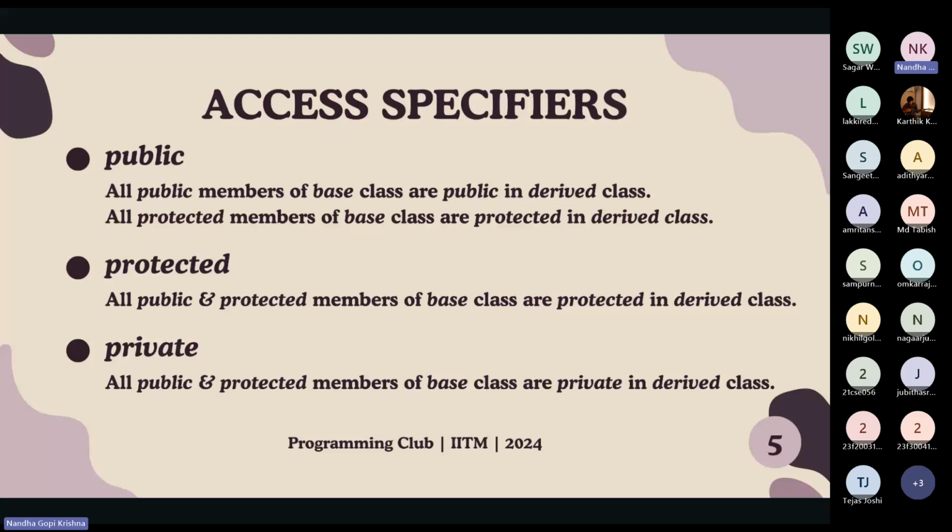If we inherit using the public keyword, all public members of the base class are public in the derived class, and all protected members of the base class are protected in the derived class. I think you've learned about encapsulation and public, protected, and private methods in the previous session, so this should be straightforward. In public, whatever is public remains public, whatever is protected remains protected.